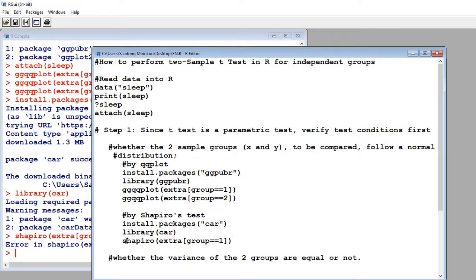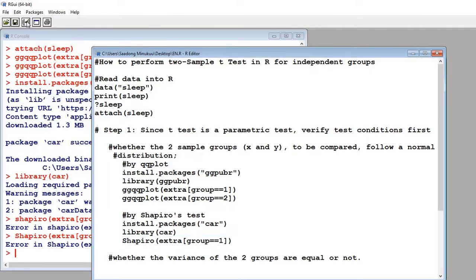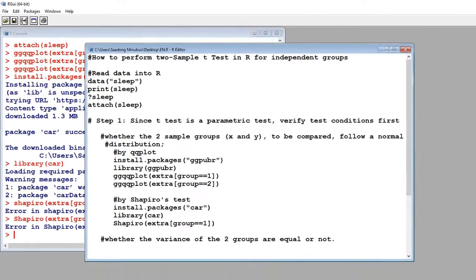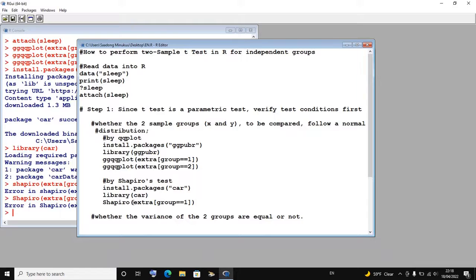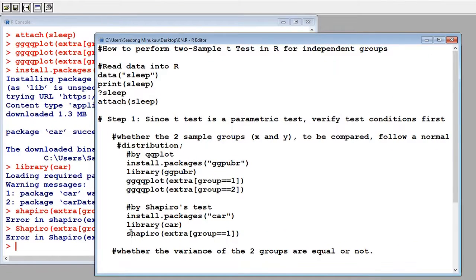Let me make this one a capital S. It's still giving me an error. I'm so sorry for that. It's actually shapiro.test and not simply Shapiro. So let me correct it. Shapiro.test. Now let me run the code again.